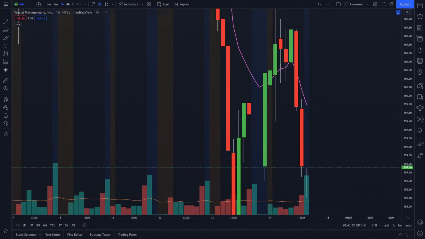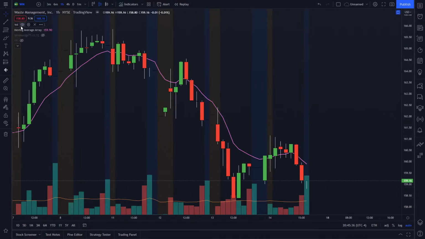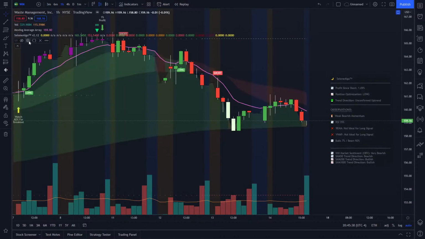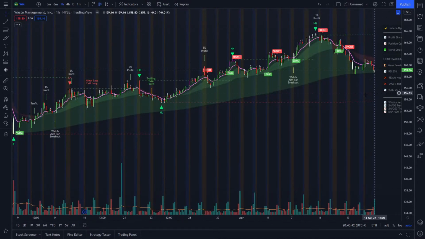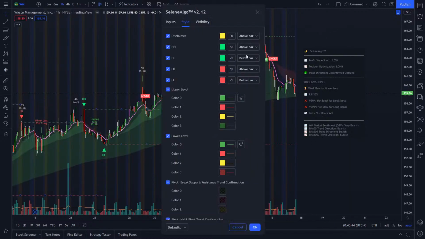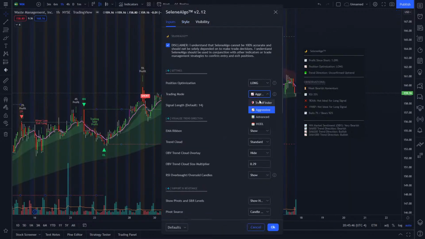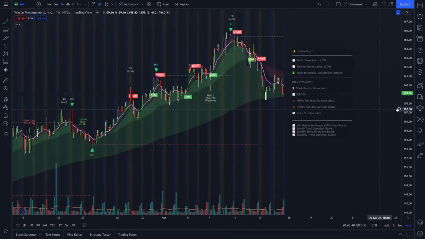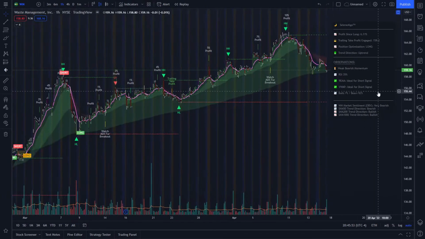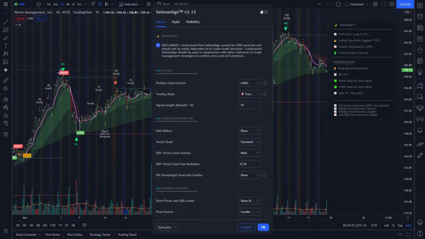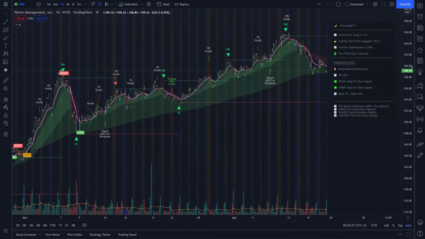Let's look at the 60, the 1 hour. Turn that bad boy on. And let's go to Trend Finder. Alright, so we switched from aggressive to Trend Finder. We're still in an uptrend right now.